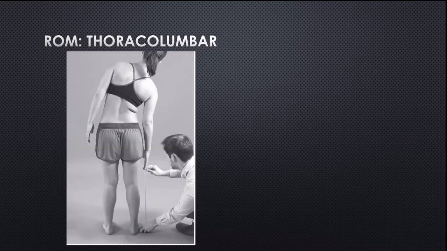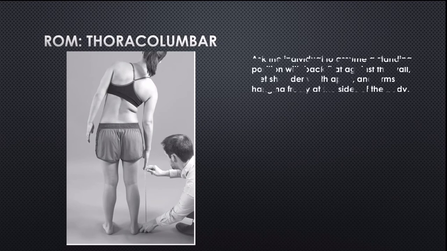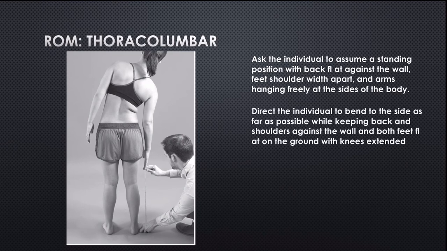Okay, another way or alternative method is using a tape measure. So ask the patient, before that, to stand erect, relax their fingers and arms as well, and then ask them to bend sideways as far as possible, keeping the back and shoulder against the wall, both feet flat on the ground with the knees extended.